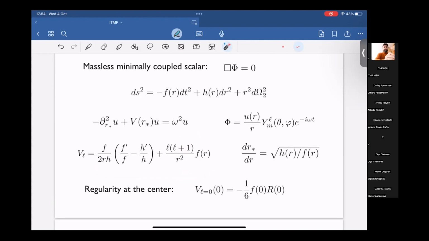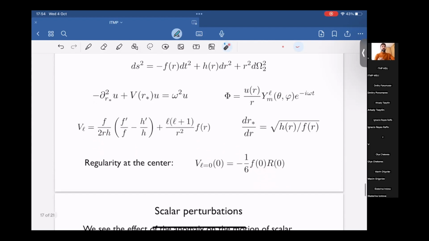So if I do that, it's not obvious from this expression, but believe me, what you get is this thing over here. It's simply the potential at the center of the star, proportional to the lapse function there and the Ricci scalar. And I say that this is sort of miraculous because it happens to depend on the Ricci scalar, which is the only thing that I can actually compute from the trace anomaly.